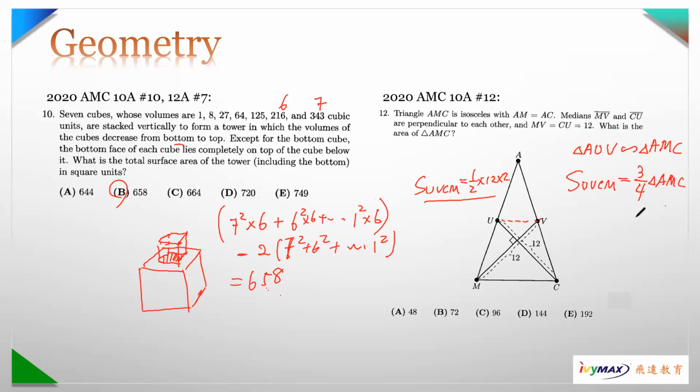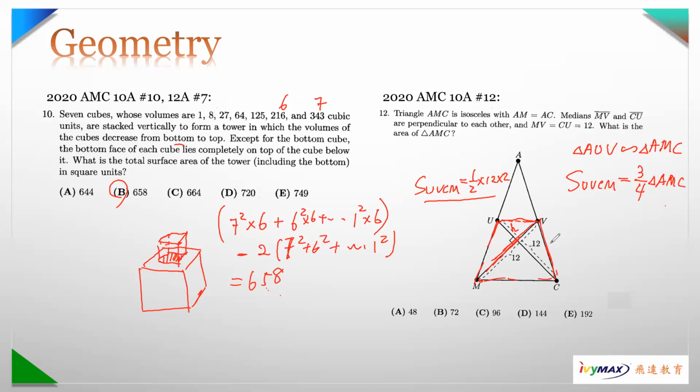Okay, so to figure that out, we can separate it in this way. Okay, we can separate the trapezoid into two triangles. And the base is 12. We just need to find out the height, right? The height here we don't know.